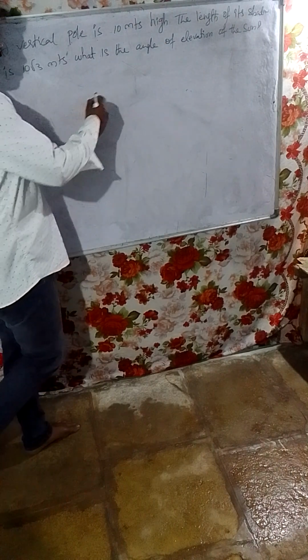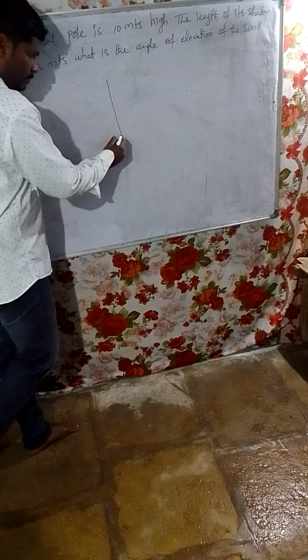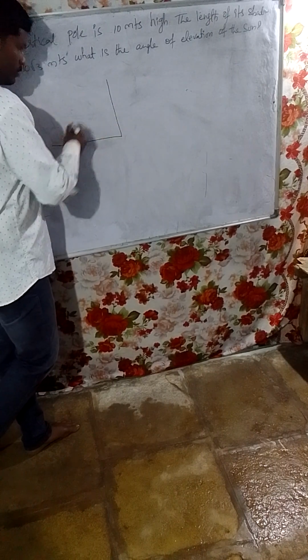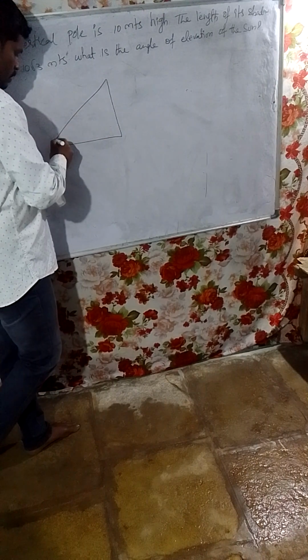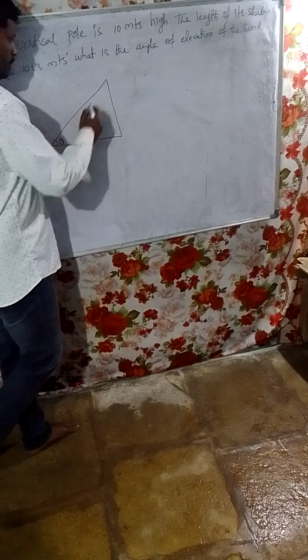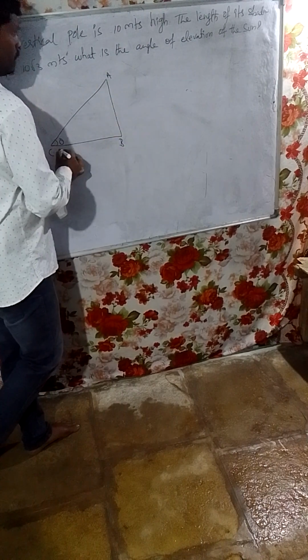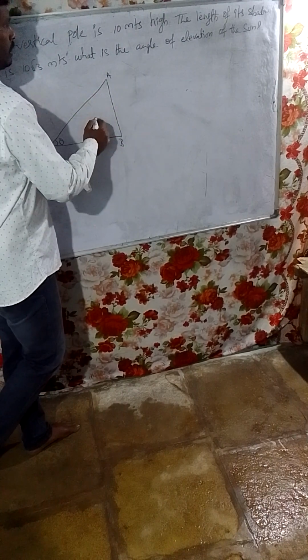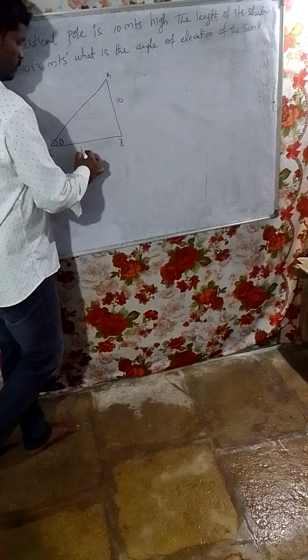See, the question is basically this: this is the height. Here theta we don't know, this is A, this is B, this is C. Then the pole is 10 meters, the shadow is 10 root 3.